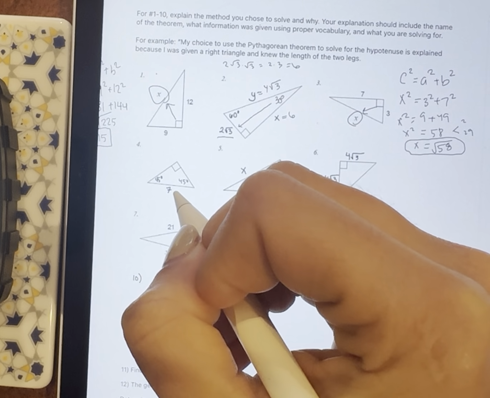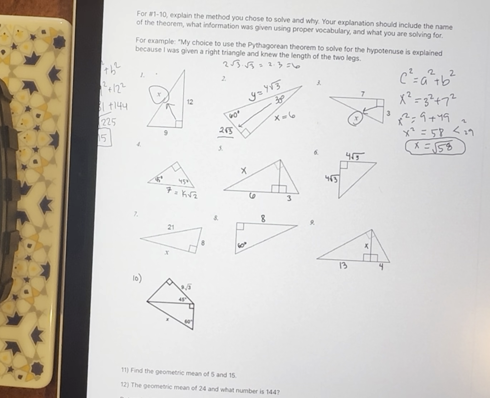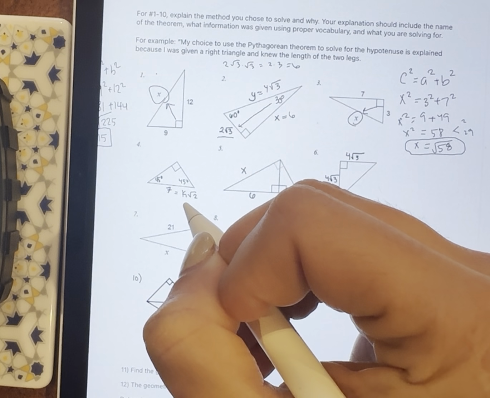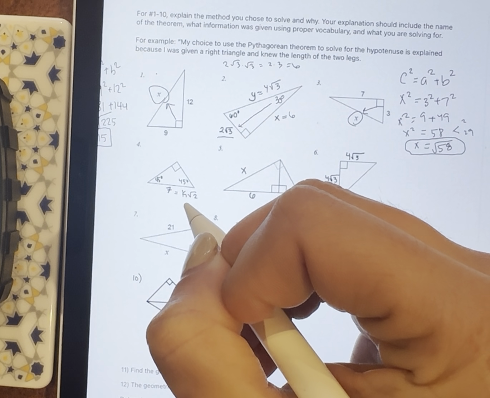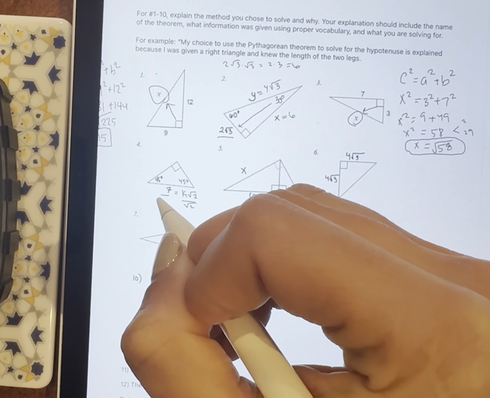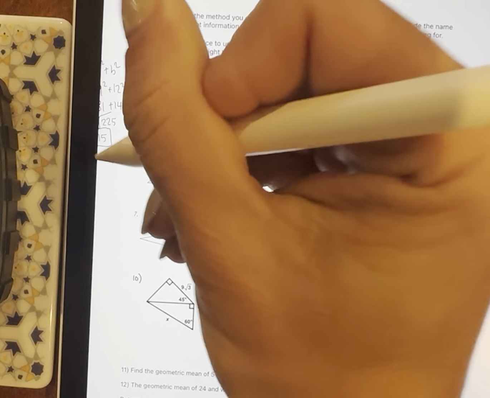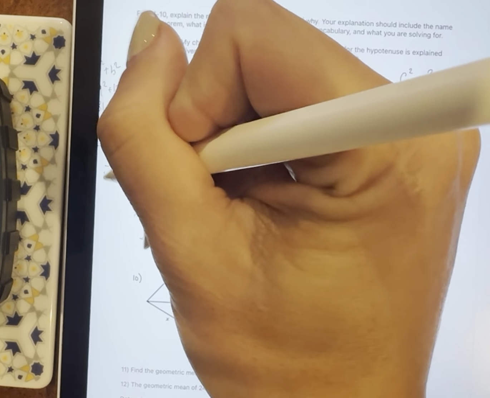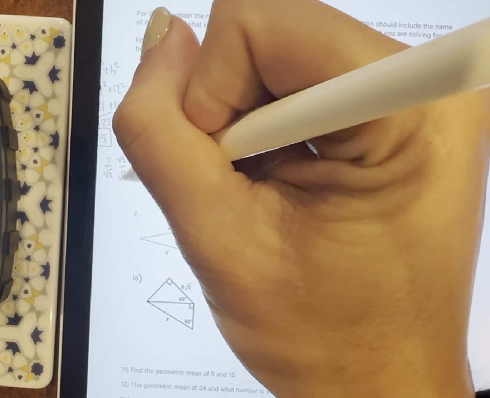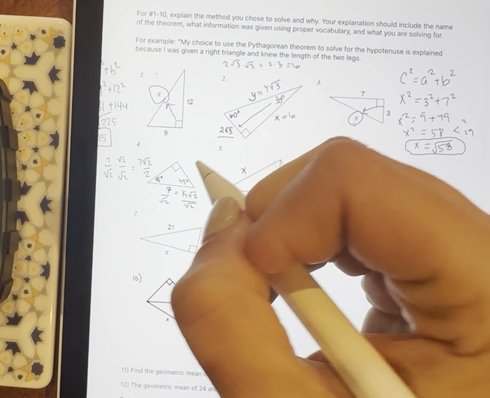I know that the hypotenuse is k rad 2, so I divide both sides by radical 2 and get 7 divided by radical 2. I can't have a radical in the denominator, so I'll multiply top and bottom by rad 2 to get 7 rad 2 over 2. That's this side and this side.